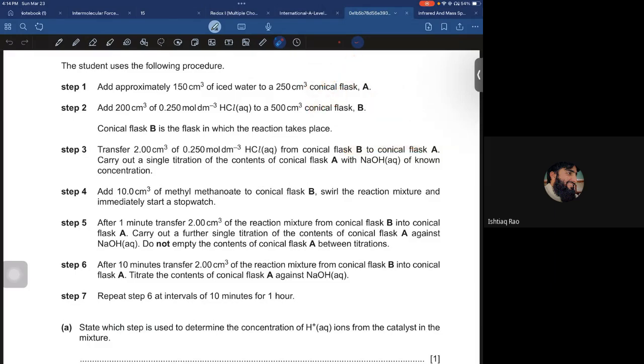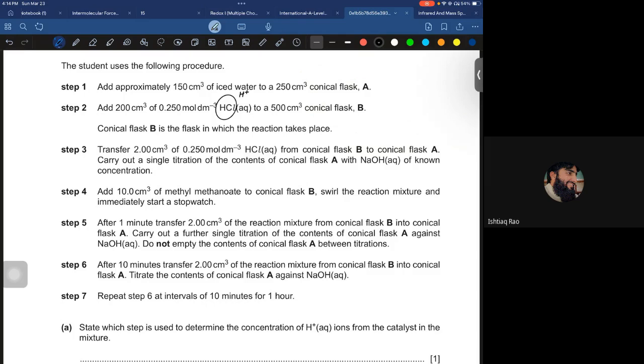Then in step 2 we add 200 cm cube of 0.250 mole per dm cube HCl. HCl means this is the H positive ion, to a 500 cm cube conical flask. Conical flask B is the flask in which the reaction takes place. So far, we didn't do anything. We have not started the titration.